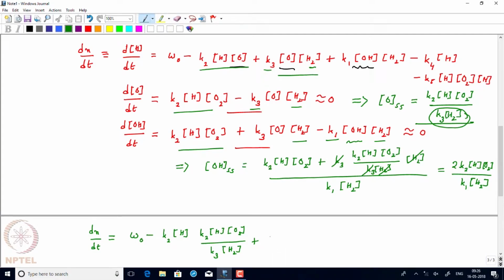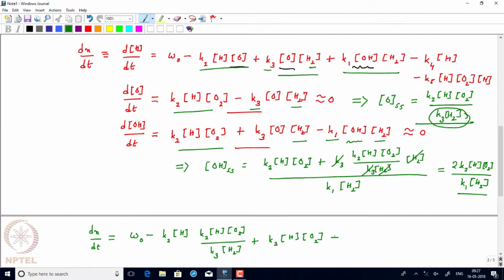It will be K2H into O2, and then plus K1H OHH2, and again, as you can see, the OH radical has K1H2, so those will cancel.